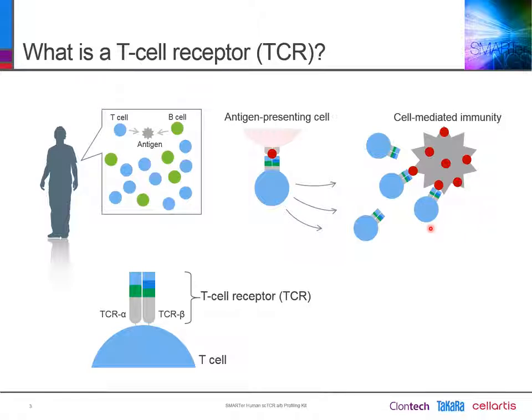The T cell receptor shown here is a heterodimer primarily of the alpha and beta chains, and in a minority of the population, you also have gamma and delta chains. I'm going to review how this diversity is occurring in the germline.